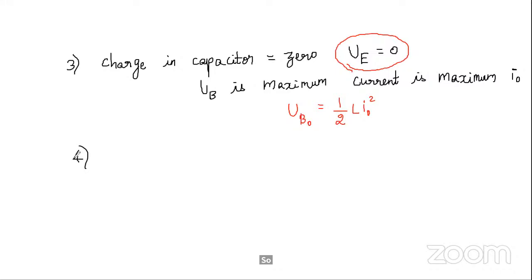So current cannot be maintained, because a capacitor stores charges and then supplies current. But here the charge is exhausted in the capacitor. So the current starts decreasing in the circuit.